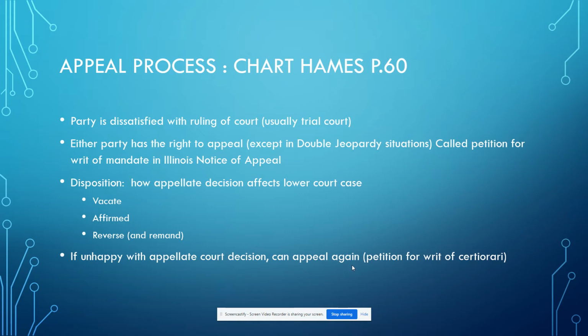So it's usually if it's something interesting or new, or the court finds that they haven't decided this before, or they need to reiterate their opinion or the law on this particular issue, and then they will accept that appeal. So for the Supreme Court, they call that a petition for the writ of certiorari. You might see it abbreviated CERT, C-E-R-T, period, as an abbreviation for that.